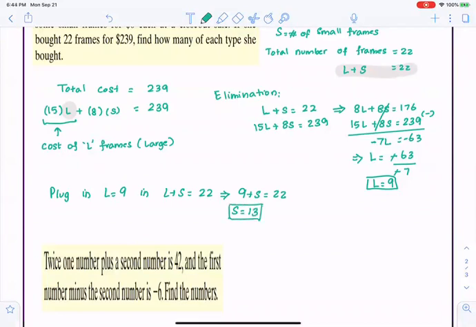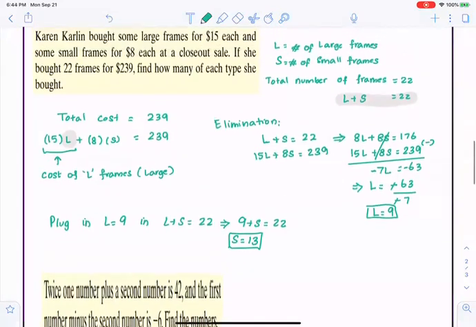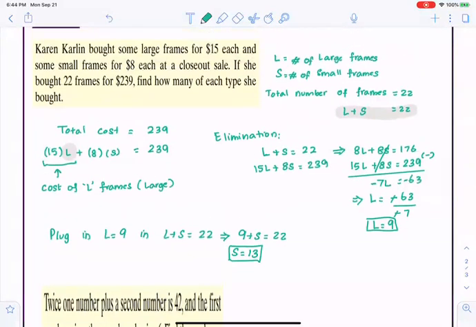So Karen bought 9 large frames at a price of $15 each, and 13 small frames at a price of $8 each. So in total, 9 plus 13 is 22 frames, and she spent $239.